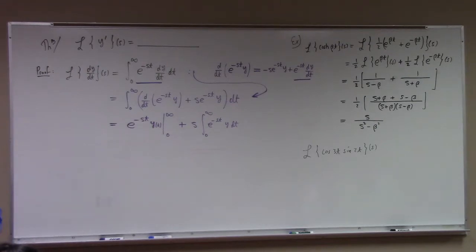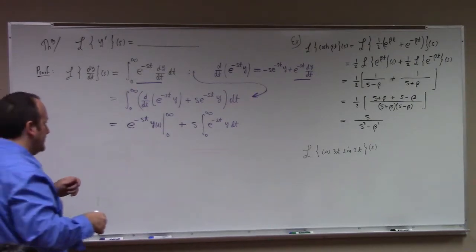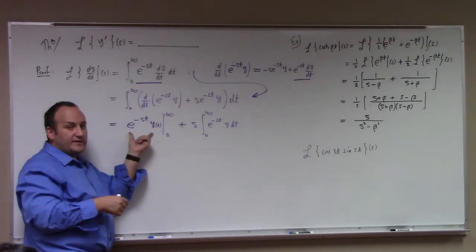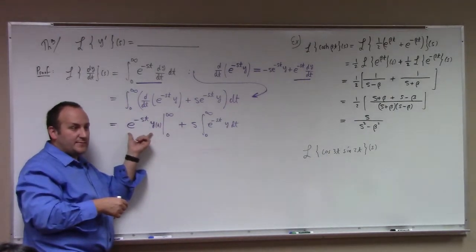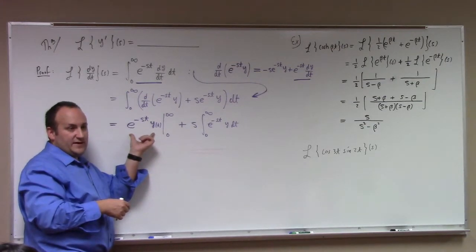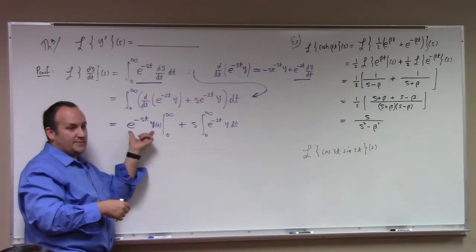Anyway, so what's that? Well, supposing that y behaves well enough, in other words, that y dies off to 0, if you think about it, in order for y to be Laplace transformable, this thing had better get small as t goes to infinity. Otherwise, the integral defining the Laplace transform of y does not exist, right? Because you're integrating this, right? For that integral to actually exist and converge, it must be going to 0 as t goes to infinity. So as we go to infinity, this must be 0.